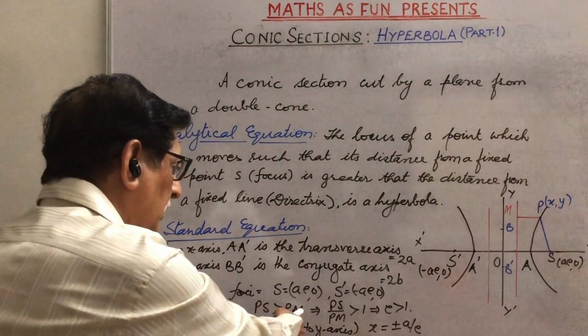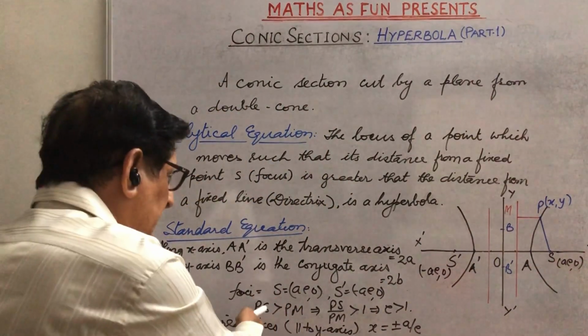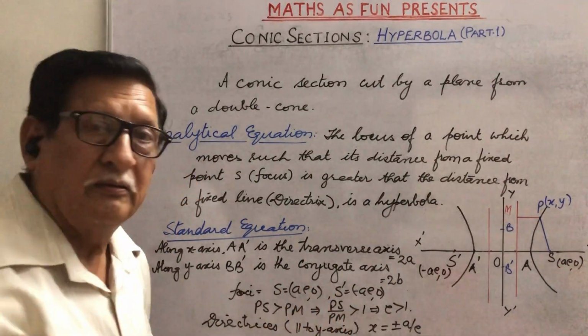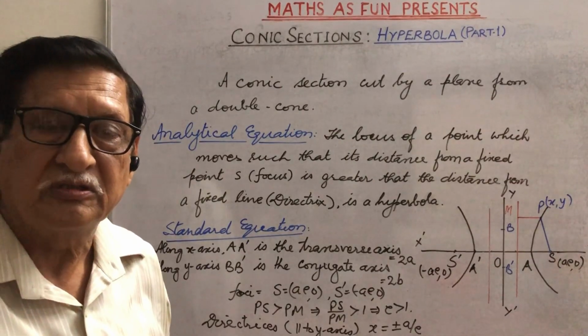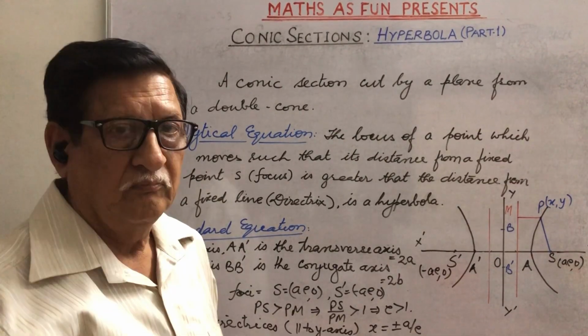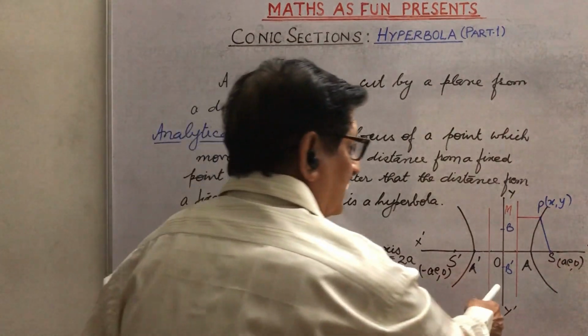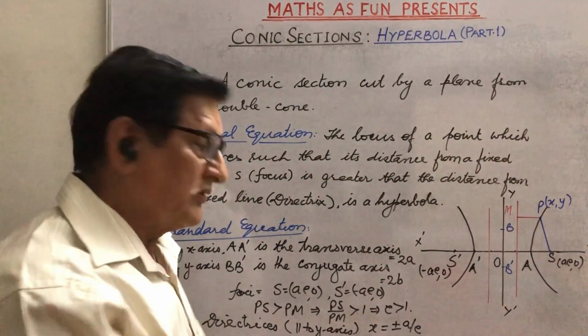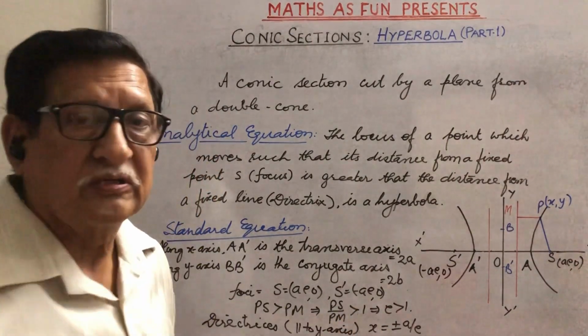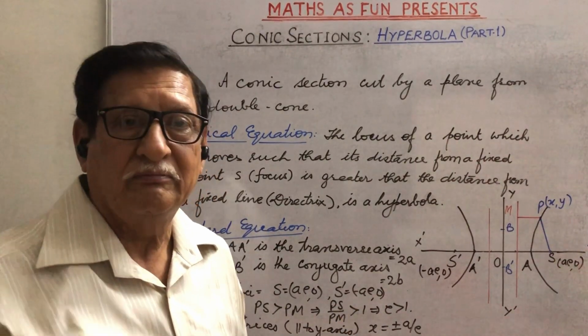It means PS upon PM is greater than 1. And we know this PS upon PM is known as the eccentricity of the hyperbola. There are two directrices of the hyperbola which are parallel to the y-axis, and they are x equal to plus minus a upon e.